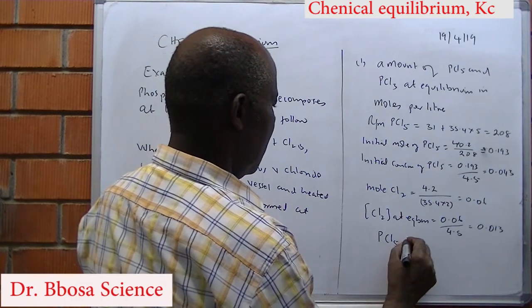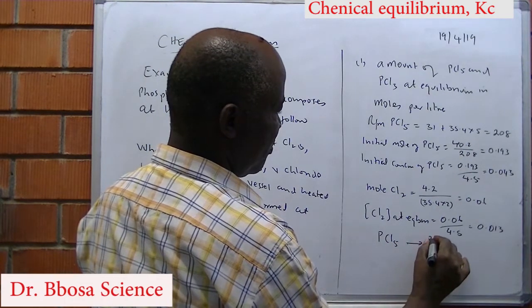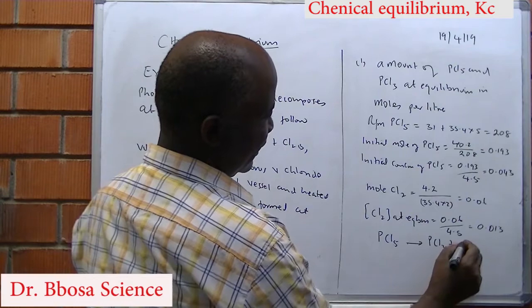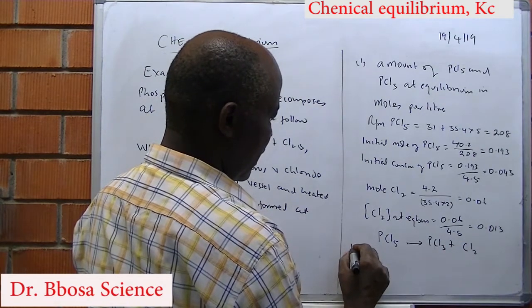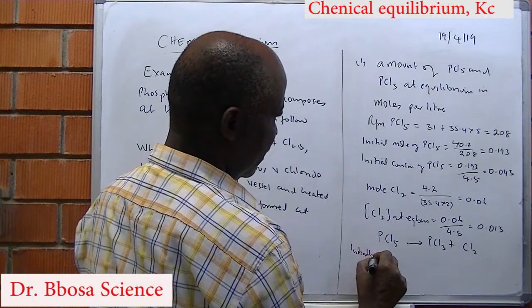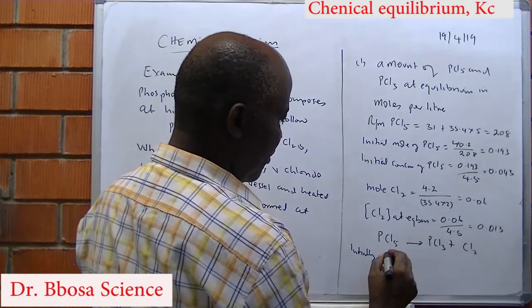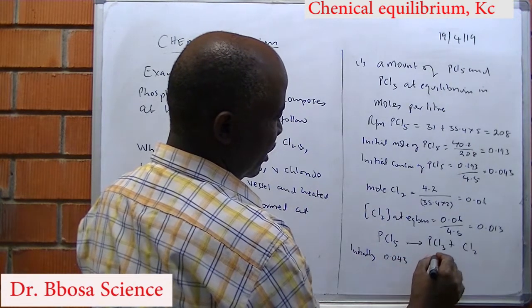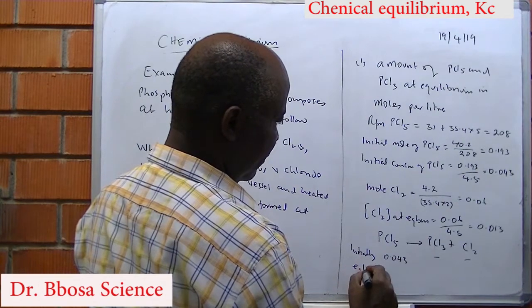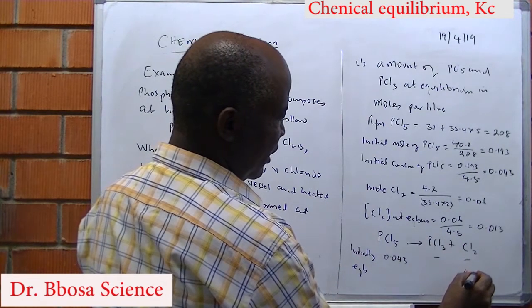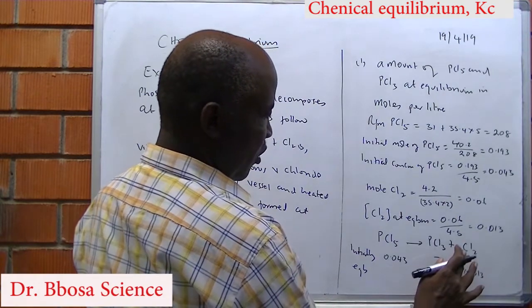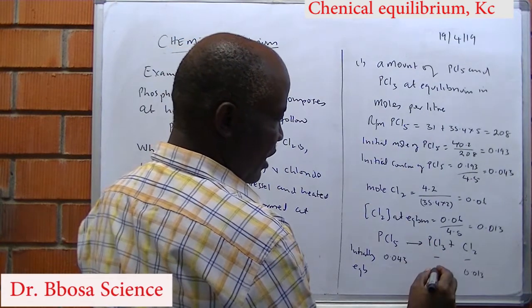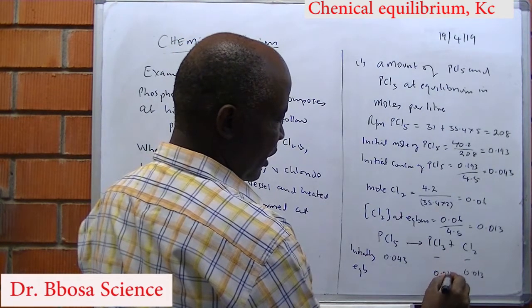Then from our equation, PCl5 decomposes to give PCl3 plus Cl2. Initially, the concentration of phosphorus 5 chloride was 0.043. At equilibrium, the concentration of chlorine is 0.013. The concentration of chlorine is equal to the concentration of phosphorus 3 chloride, which is 0.013.